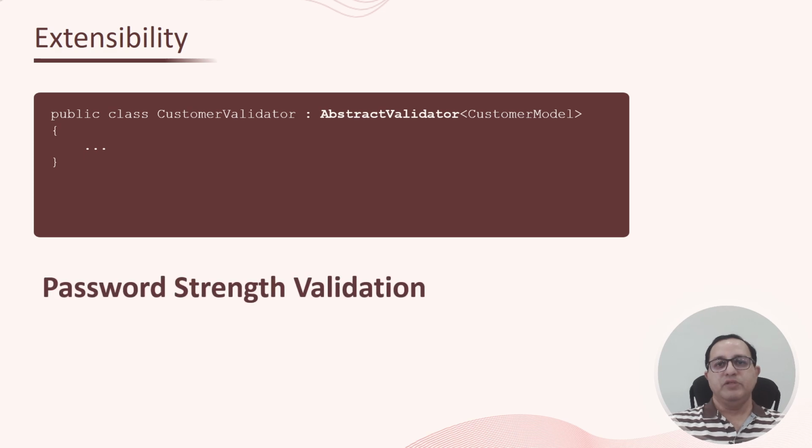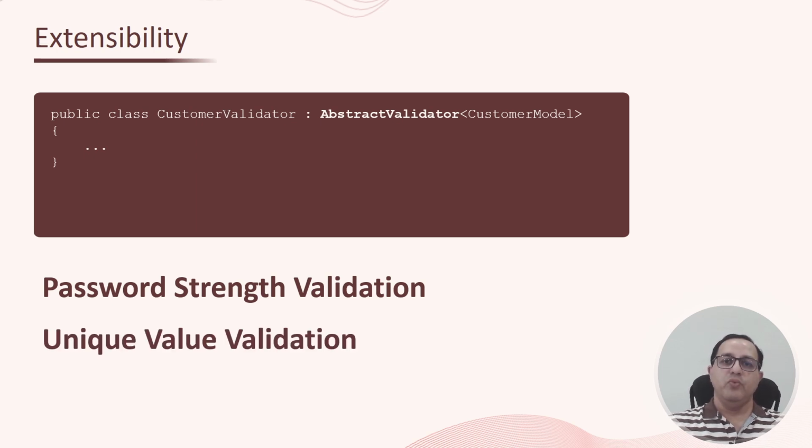An example of a custom validator can be password validation. It's a very common validation these days to force users to provide strong passwords, which contain at least one uppercase letter, one lowercase letter, maybe one special character, or one number. Another custom example could be a unique value validation, which can be used to verify that the username or the email provided by the user in an input field is unique by checking against the database.